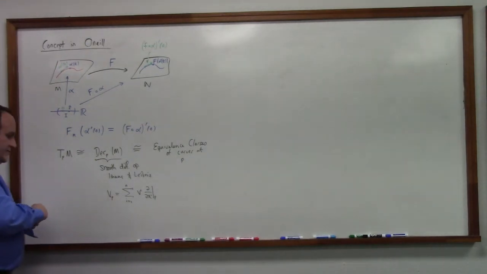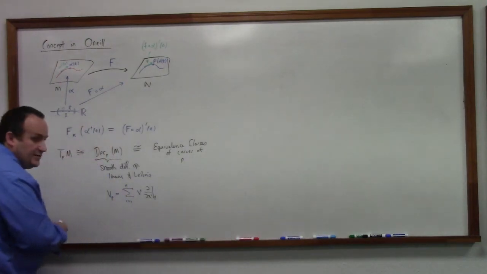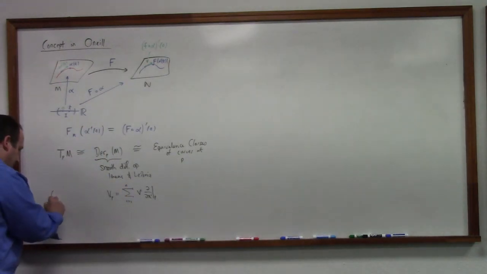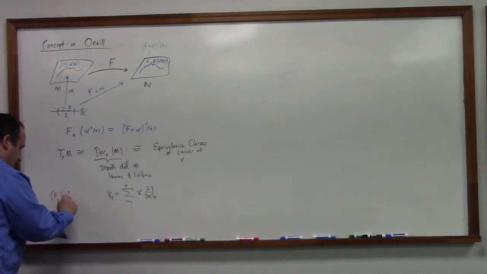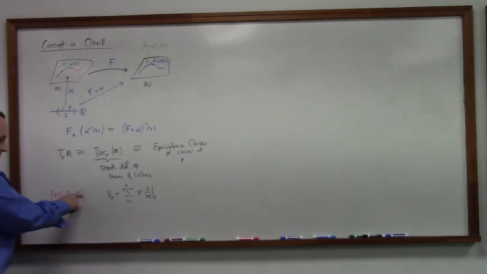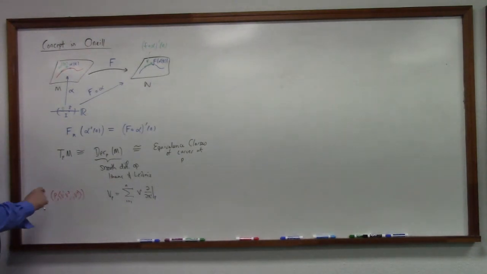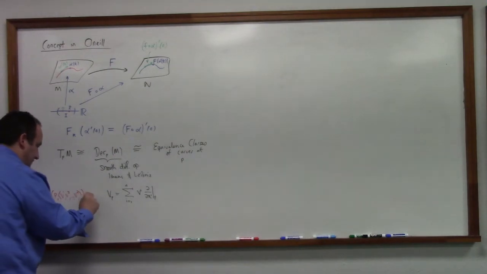So the explicit isomorphism, guys, I can write it down here. The explicit isomorphism would be like P comma the vector V1, V2, Vn, the concrete vector attached to the point P, corresponds to this right here.